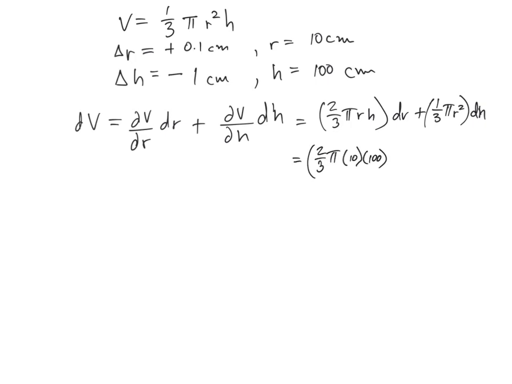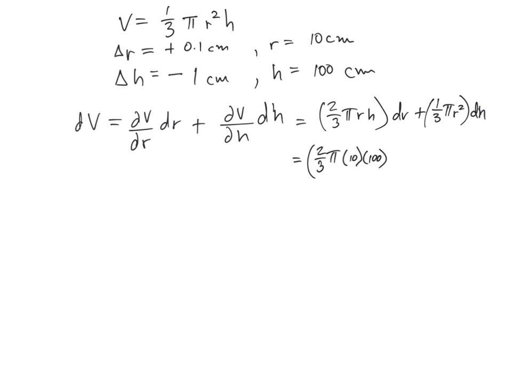And then we change r to 10.1 and we change h to 99 centimeters. Make sure you got your units straight, right? We were given some mixed units here, r in centimeters and h in meters. Either change them all to meters or change them all to centimeters, whatever, it doesn't matter. But make sure you're not mixing units up.